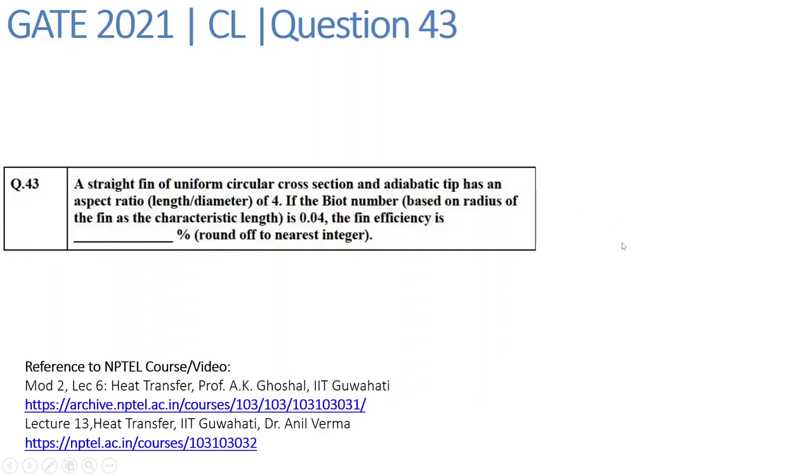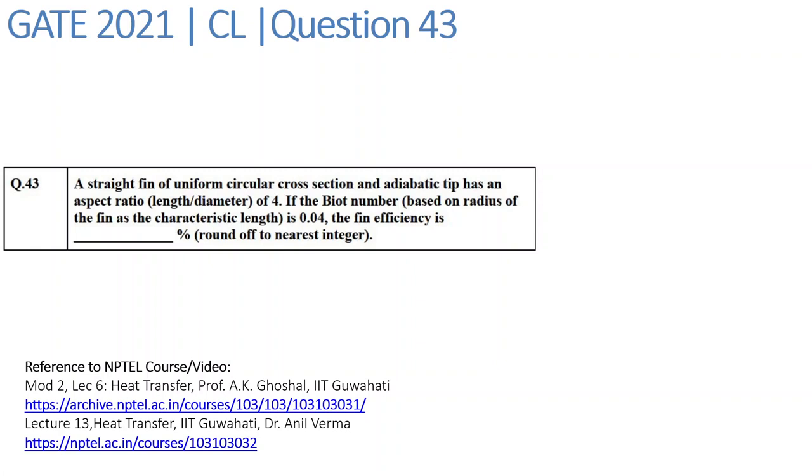This is question number 46 of the GATE 2021 paper, and it is a numerical answer type question. The question is: a straight fin of uniform circular cross section and adiabatic tip has an aspect ratio, length by diameter, of 4. If the Biot number based on radius of the fin as a characteristic length is 0.04, the fin efficiency is dash percent.